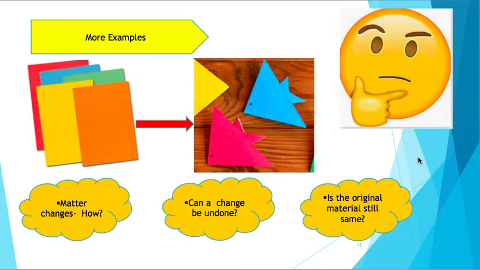Yes, the original material is still the same. I might have a few lines on it, creases, but the material is still the same. It's still a piece of paper. It did not change into a gas or into a liquid. It's still the same material and the state is still the same. It's still a solid piece of paper.